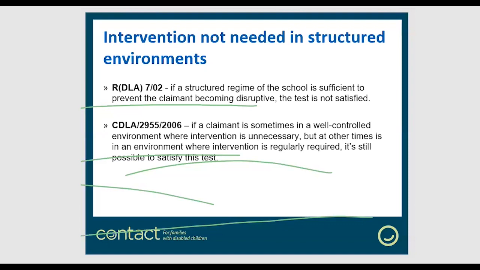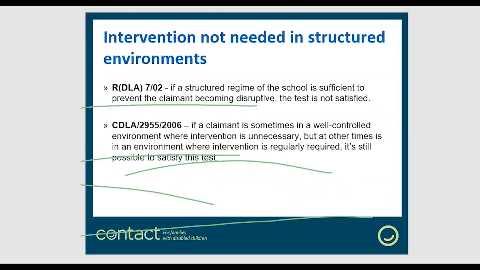In CDLA 2955 of 2006, the judge said that if the claimant is sometimes in a well-controlled environment where intervention isn't necessary, but other times in environments where intervention is regularly required, then that child could still possibly satisfy the test.